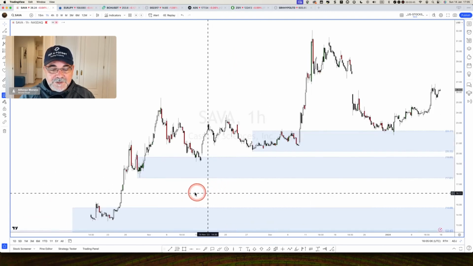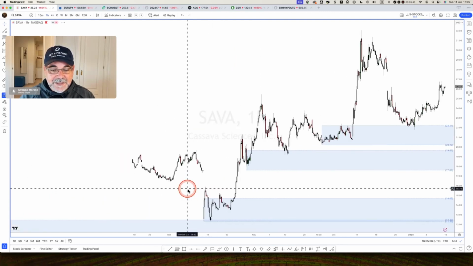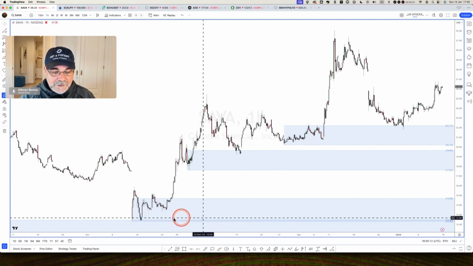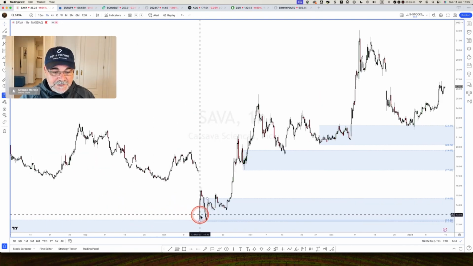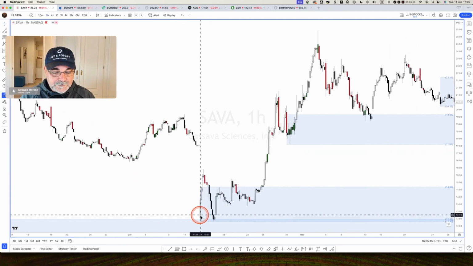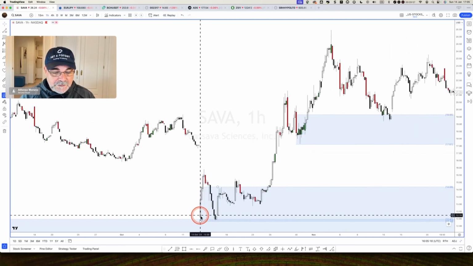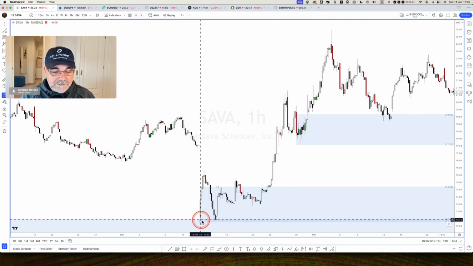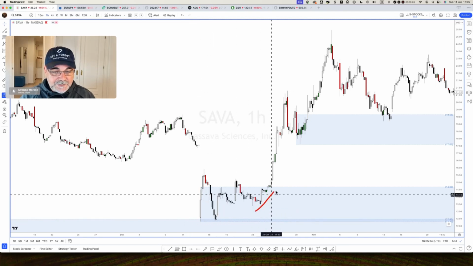Because the first time that imbalance was hit was here, on 13 October 2023. And from there it starts to rally.